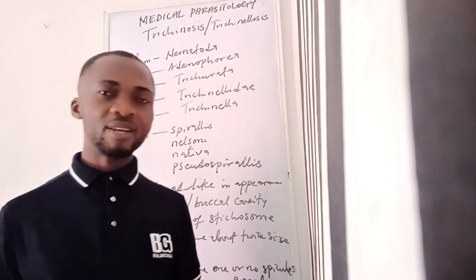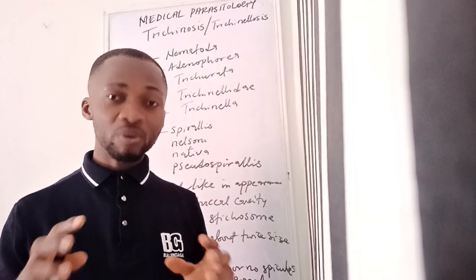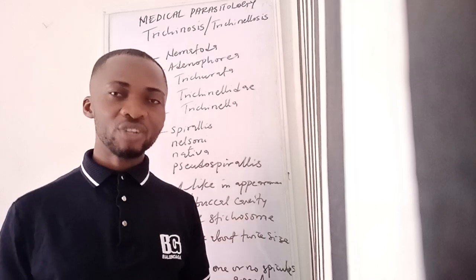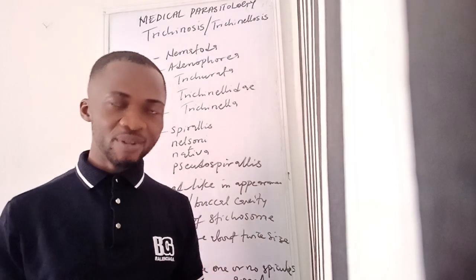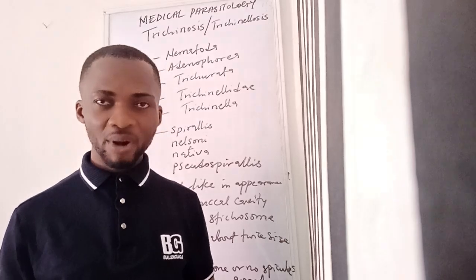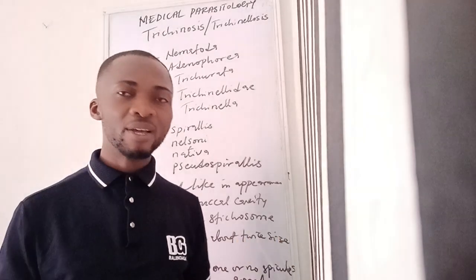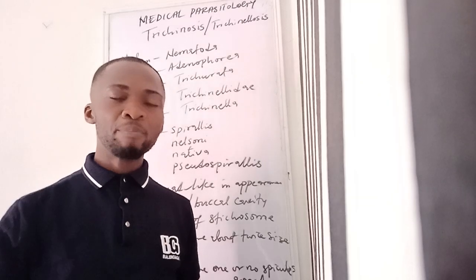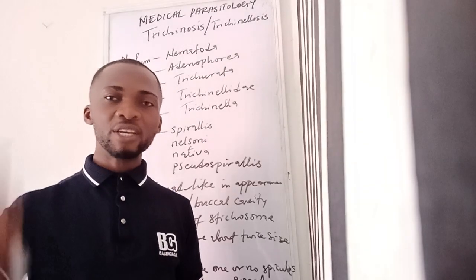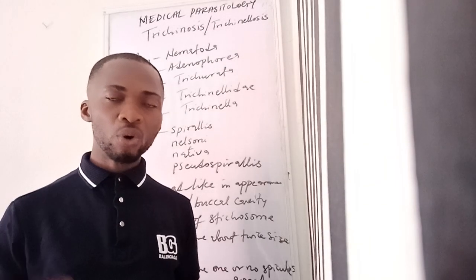So any muscle cell that is carrying Trichinella is usually referred to as a nurse cell, a cell that takes care of the parasite, just like nurses take care of patients in the hospital.